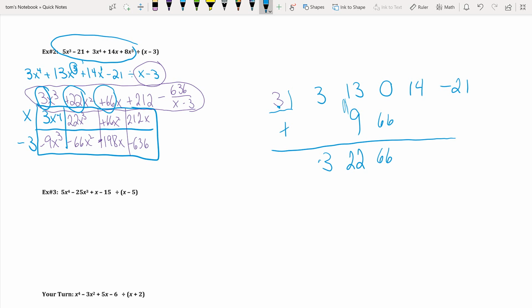Looks like we're on the right track here. 3 times 66 is 198. 198 plus 14 is 212. 212 times 3 is 636.